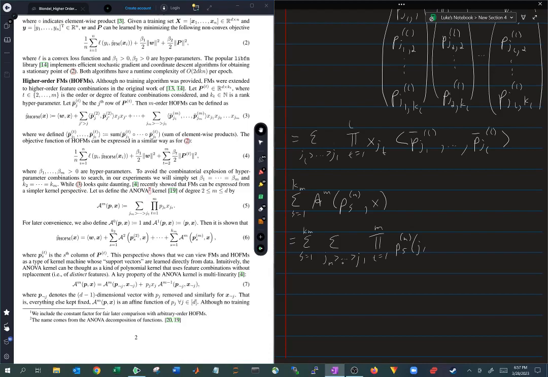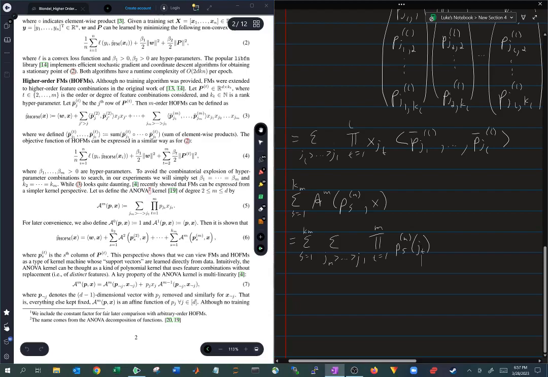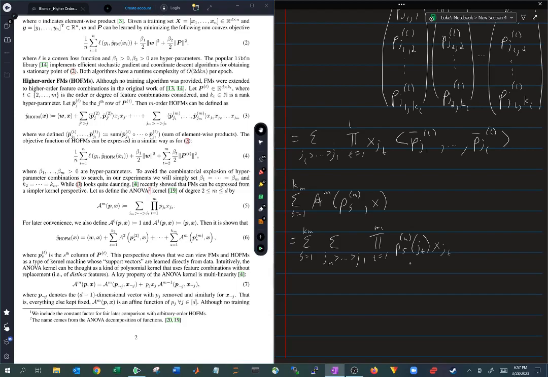Just to make my notation a little clearer, this is the j_t entry of p_s^m, right? And then we have x_{j_t}. All right, and that matches, we're just using equation 5 here.